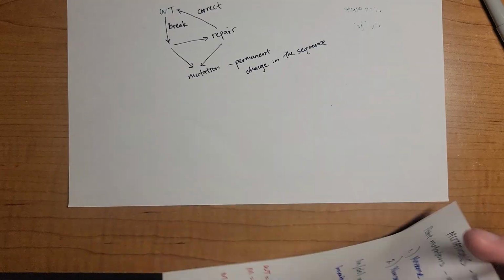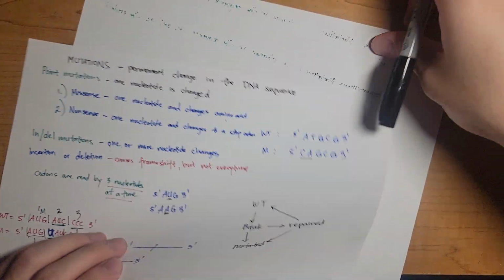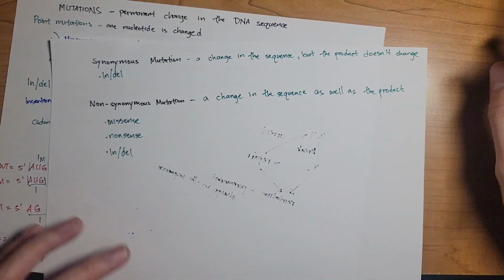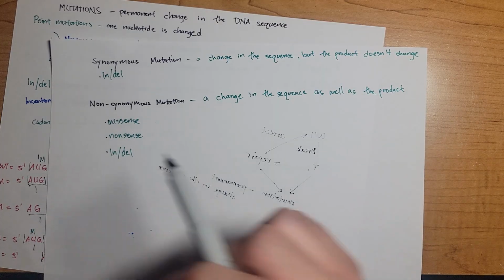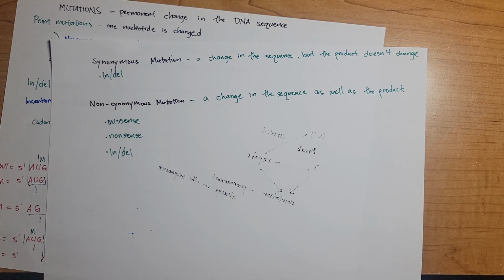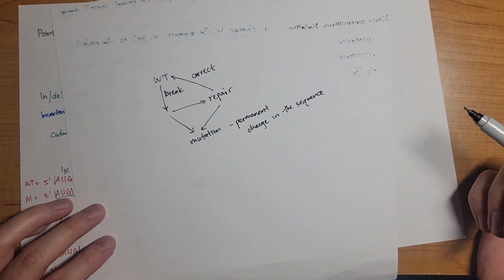And then synonymous and non-synonymous mutations are basically just like what they are called, synonyms. If it's a synonymous mutation, it's a change in the sequence, but the product doesn't really change. While a non-synonymous mutation is a change in the sequence as well as the product. So yeah, that's basically everything about mutations for now.